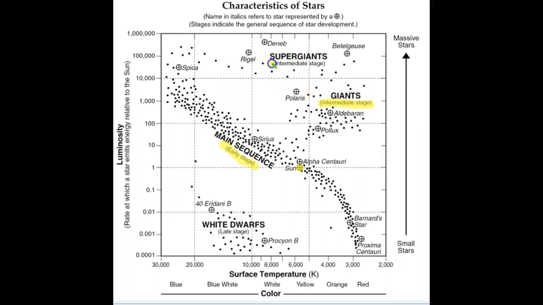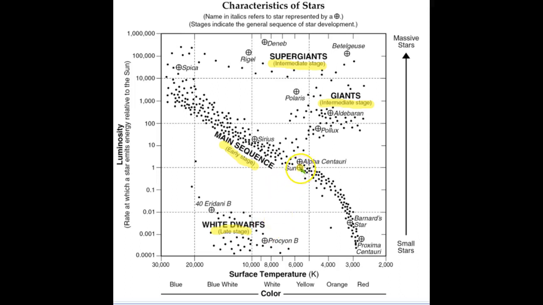If you have a really large intermediate stage star, it would be classified as a supergiant. And then our late stage or really old stars are white dwarfs. That classification is here. So this graph not only does luminosity, temperature, it does the color, the size of the star, and it tells you what part of its life cycle it's in.